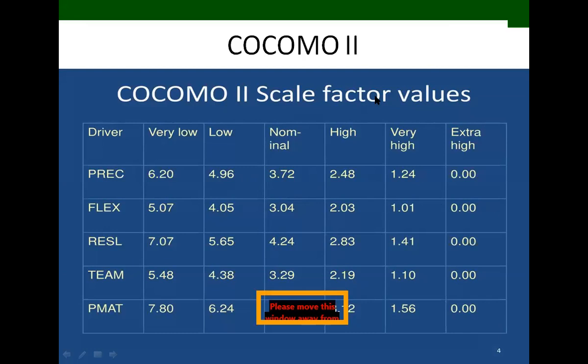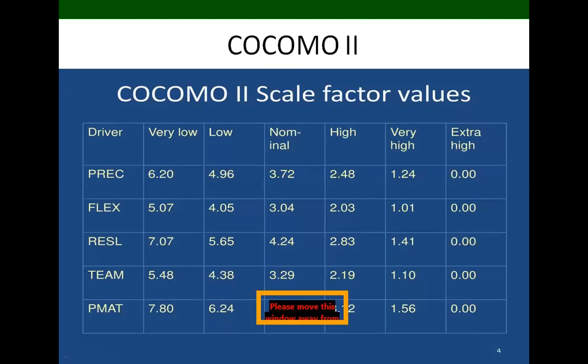First of all, we have to know what PREC is. This is the degree to which past cases are similar to the current project. We already developed a project that is very similar to this present project.